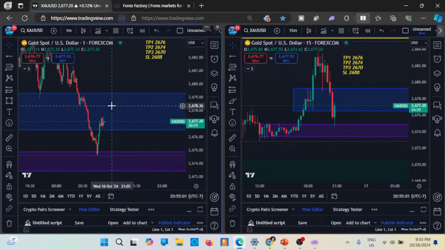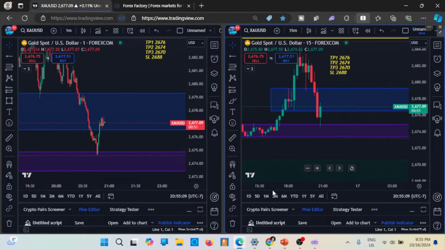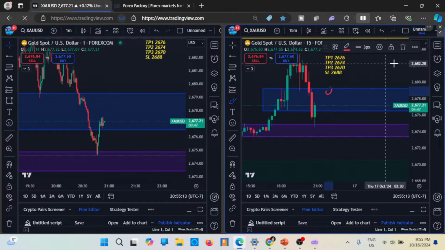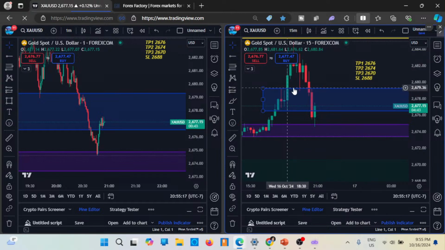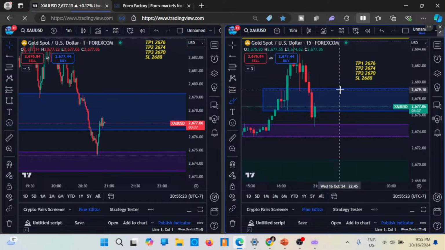How do you know if it's gonna reverse or not? So I don't know whether it's gonna reverse or not until it gets to that level, because this is a resistance up here. 26.79 is a minor resistance on the 1 minute time frame.